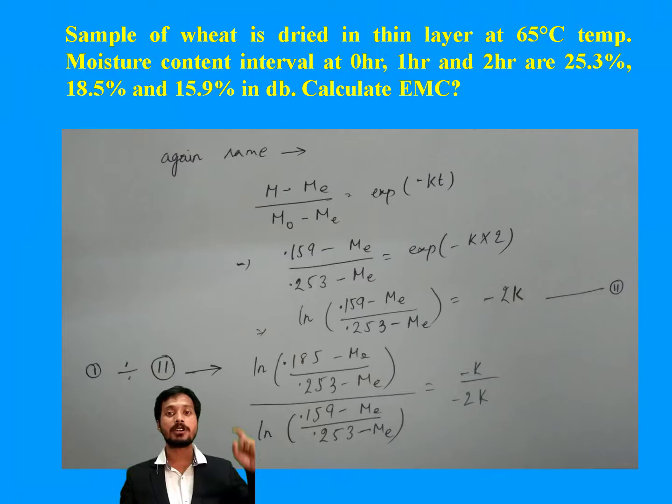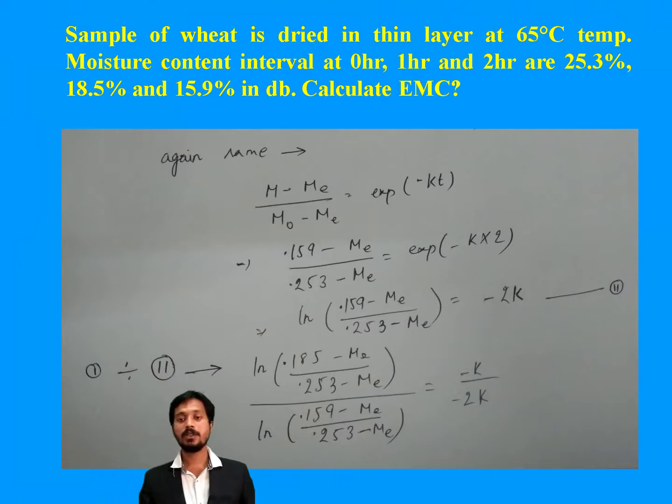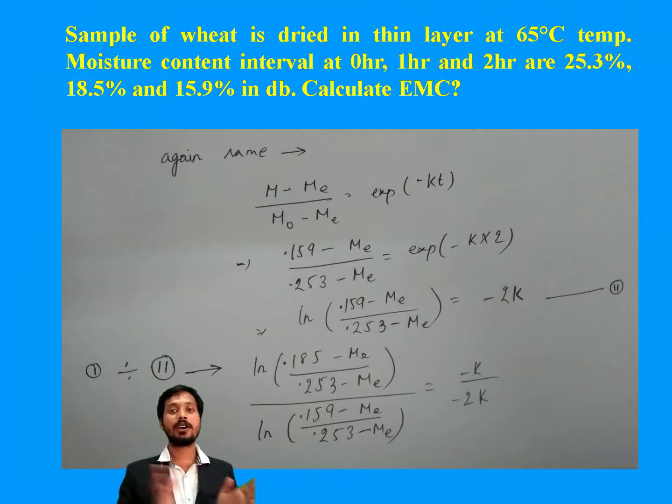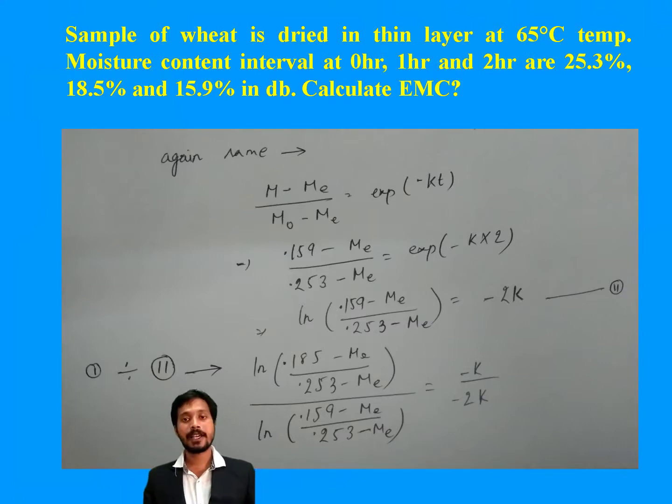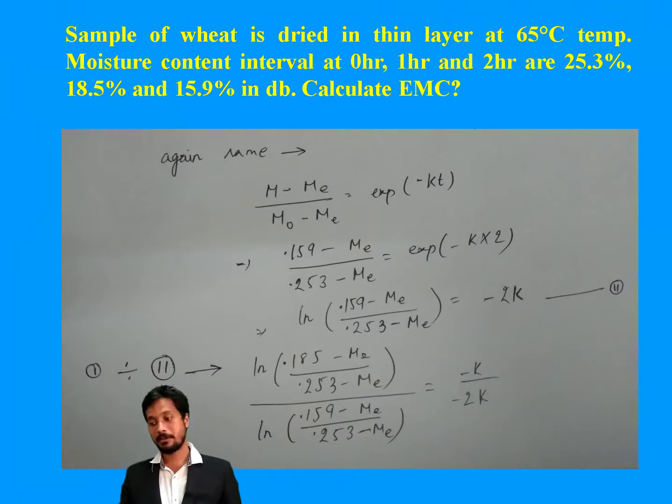Time interval how much? From 0 hour to 2 hours, so it is 2. So minus k into 2. Now if I simplify and take the ln on the left hand side, it becomes ln of 0.159 minus Me by 0.253 minus Me equals minus 2k.